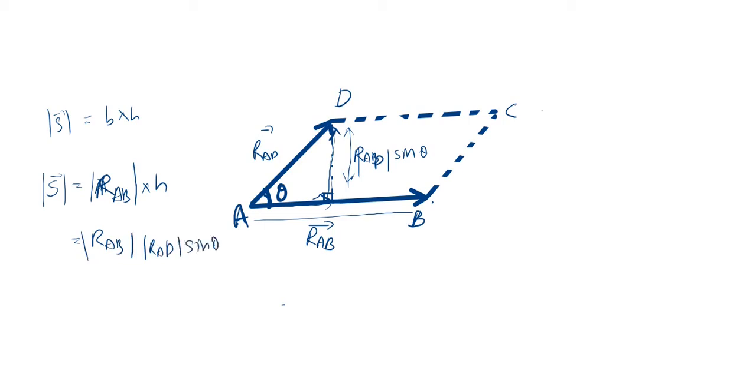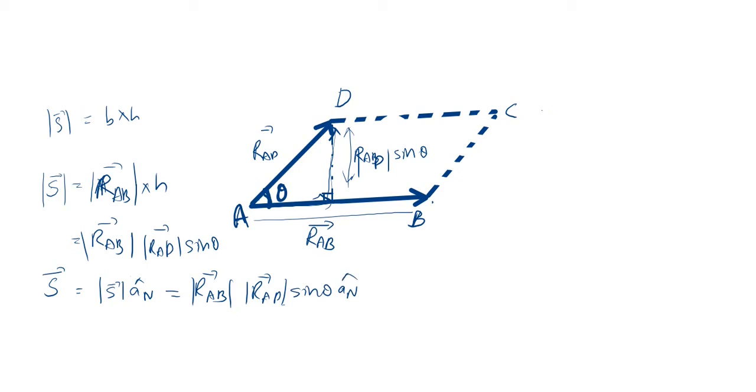This is the area, and the direction of area as a vector, we can say that magnitude of area into unit vector perpendicular to that. So I can write it as length of RAB, length of RAD. These all are vectors, and when you take the magnitude, it becomes a scalar, sin theta n cap.